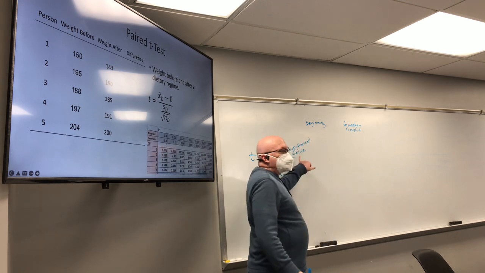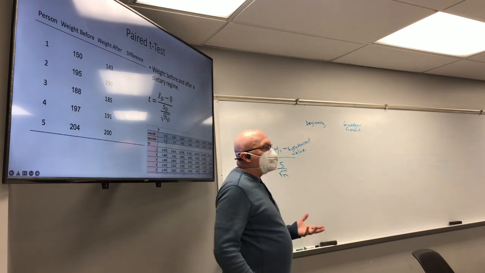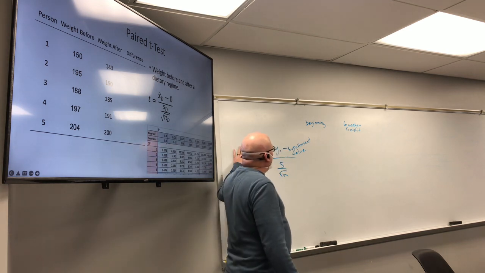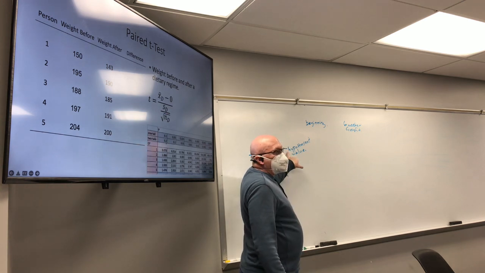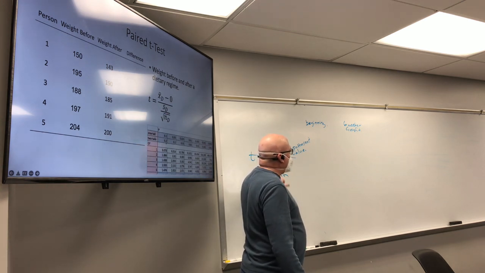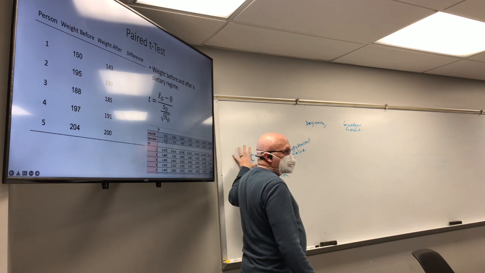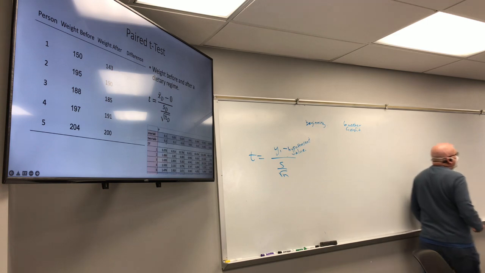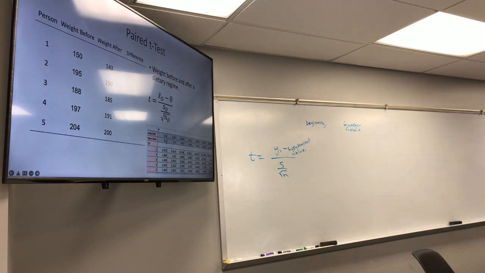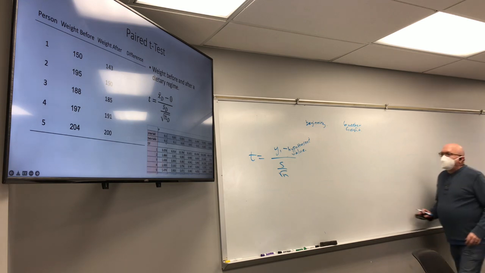So once again, it all depends on your question, but generally the form is for a single sample t-test, what is the difference between what you observed and what your hypothesized value is divided by the standard error of the mean of your sample. And so that's the same way here. The only difference is that this is the average difference divided by the standard error of the difference, whatever that is.